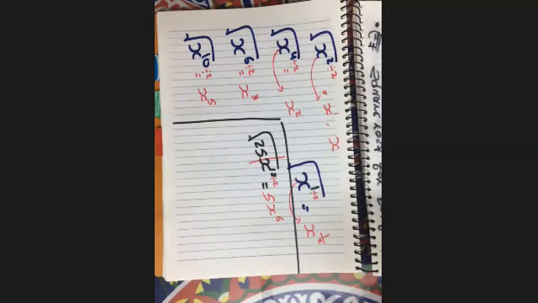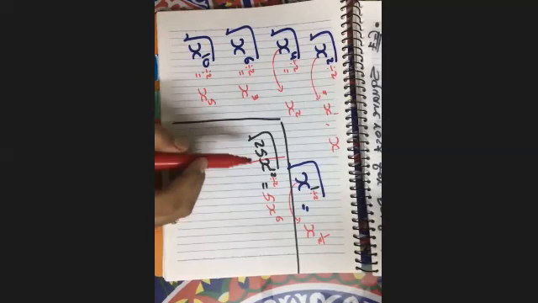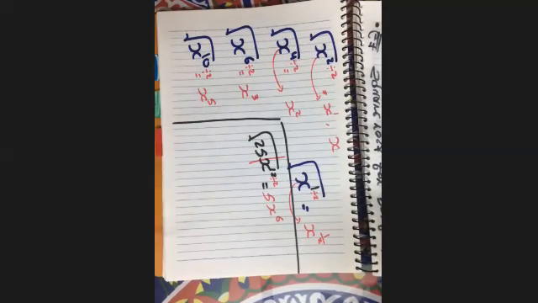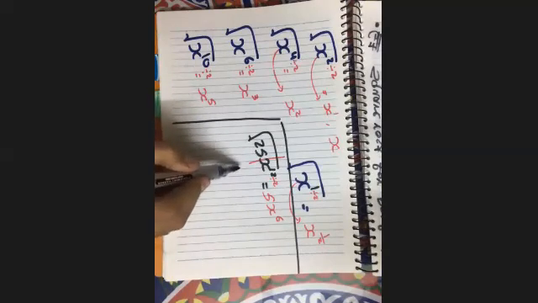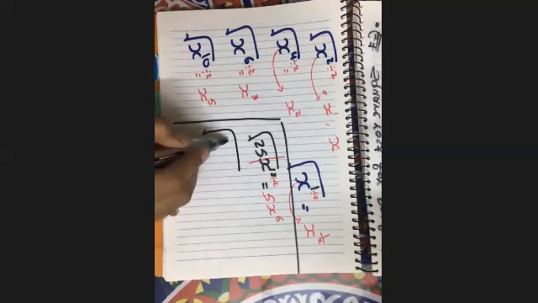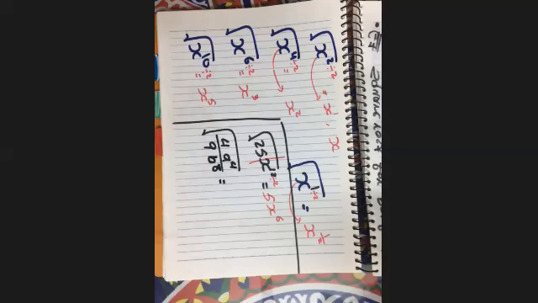Here, another exercise. If we have a fraction, root of 4 over 9, a power of 4, p power of 8, and we want to get the answer, we will divide this question into 2 parts.